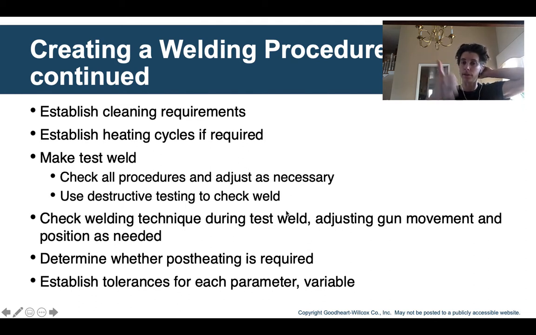If it doesn't have cracks and has proper fusion everywhere, then your welding procedure is good to go. So you're either going to follow those, or you may at some point have to set that up yourself. With the 212 class, we do have a little welding procedure form that we fill out, and you're going to make up your own.